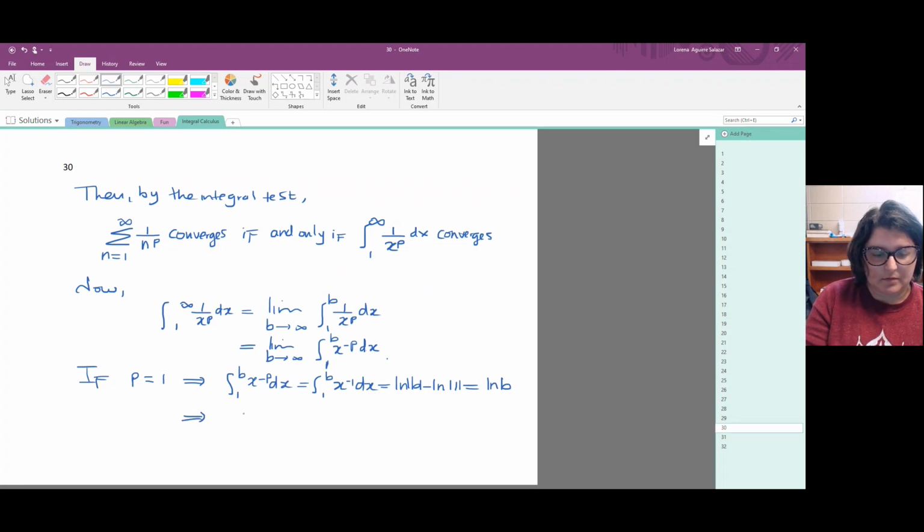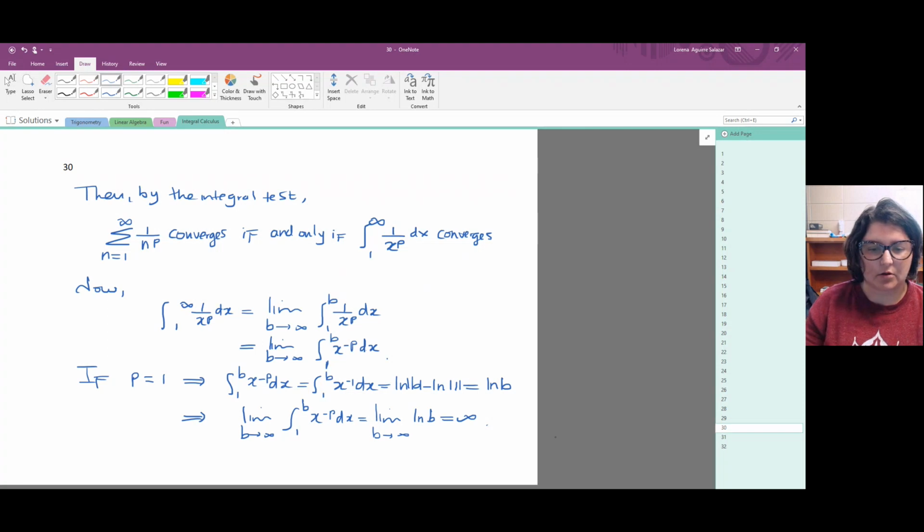And then the limit as b goes to infinity of the integral from 1 to b of x to the negative p is infinity, because when we take an argument that is really large, ln becomes really large.